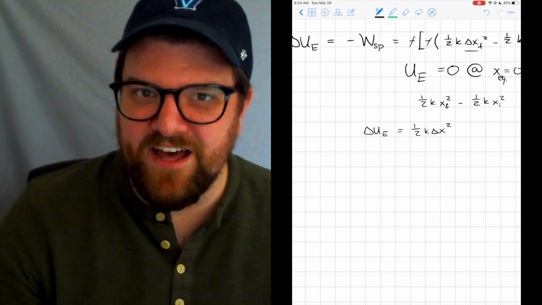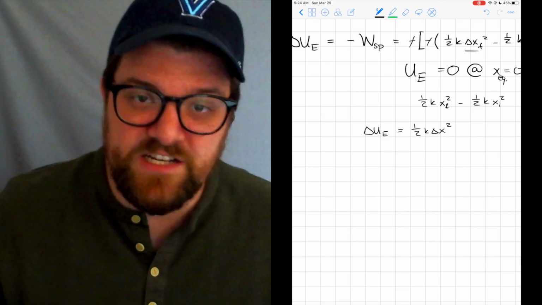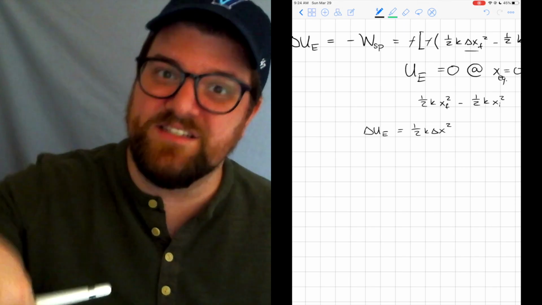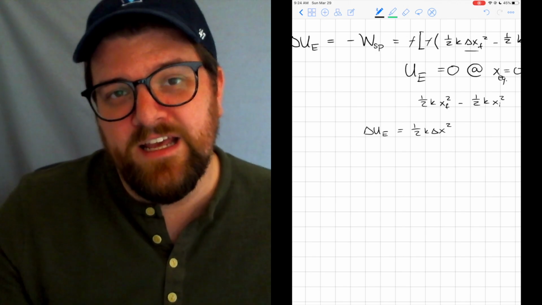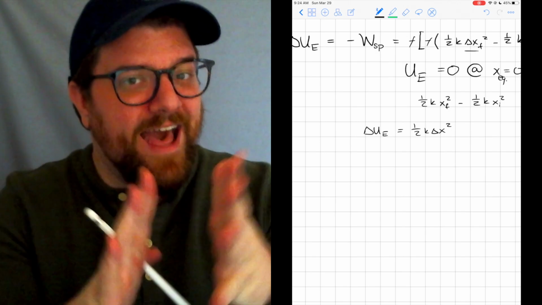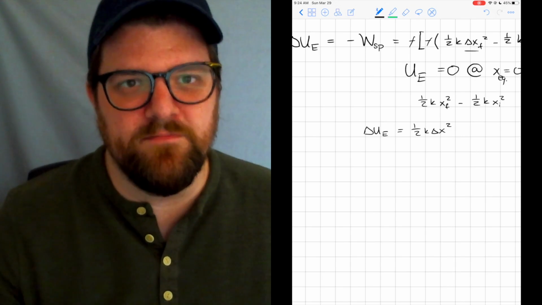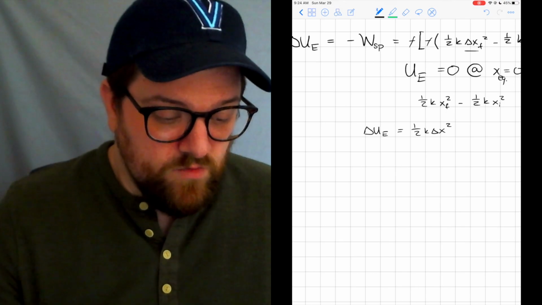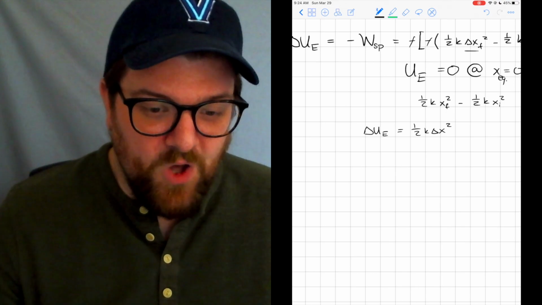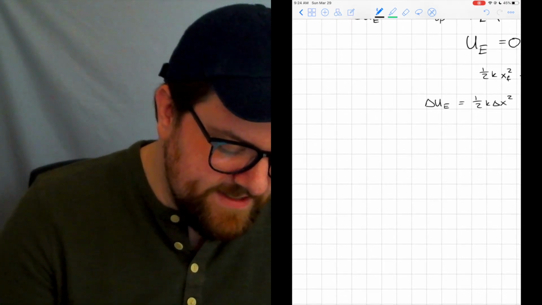So this is a very interesting type of potential energy. It's a little bit different than gravitational because gravitational does have that kind of directional aspect to it. This one doesn't. This one says no matter how I displace past my equilibrium, as long as I'm not at equilibrium, I've stored some potential energy. So we have all our potential energies that we're going to talk about in this class.